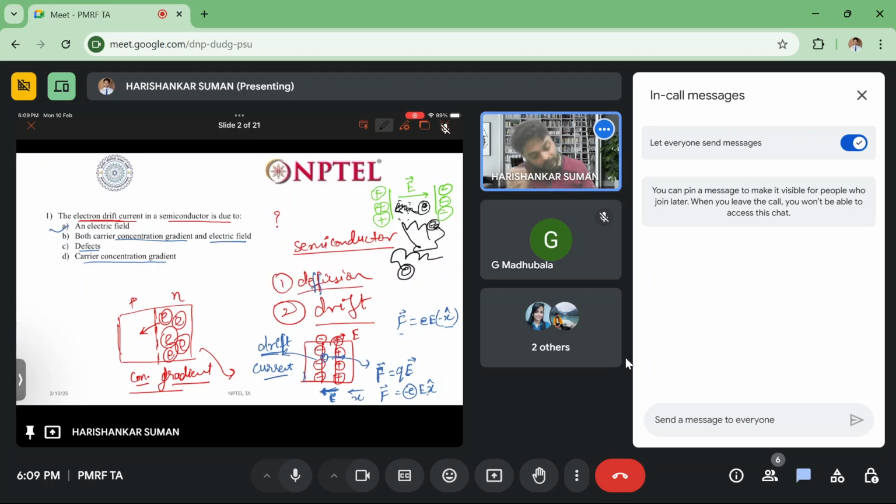So this electron feels Coulombic force. Due to Coulombic force, the electron can move from this side to this side. This is the direction of the electron if the electric field is like that, and this electron drifts due to the electric field. So answer A is correct.